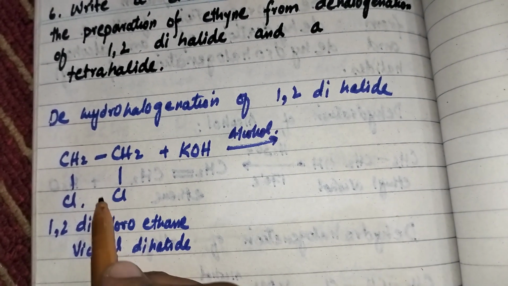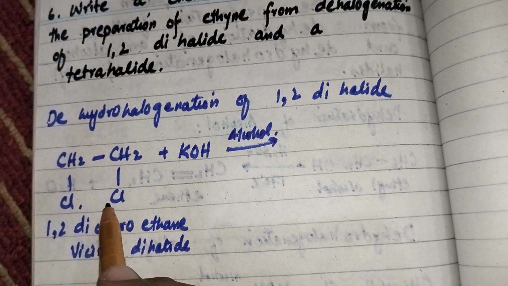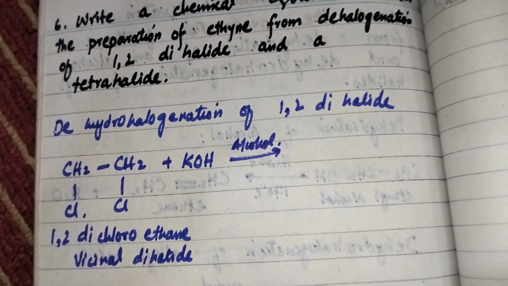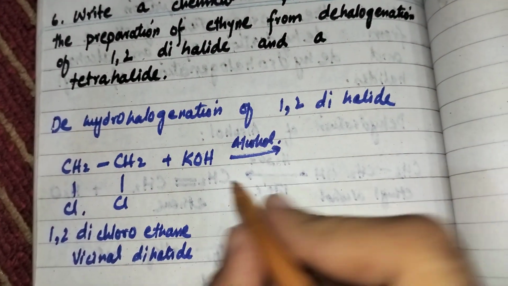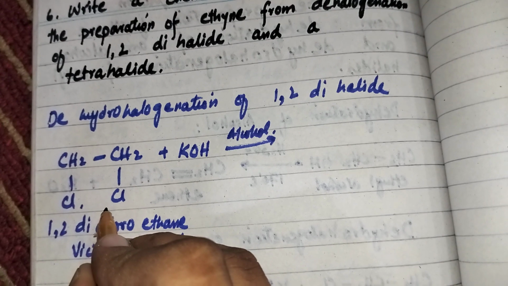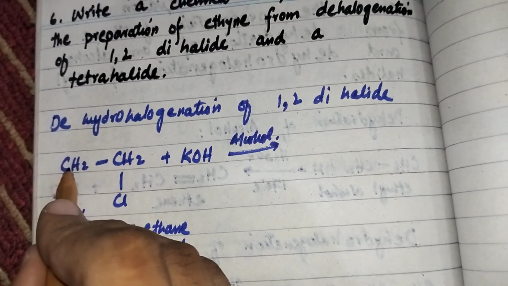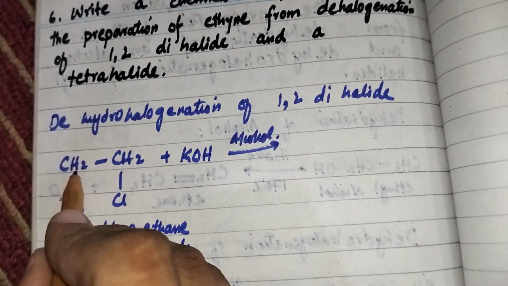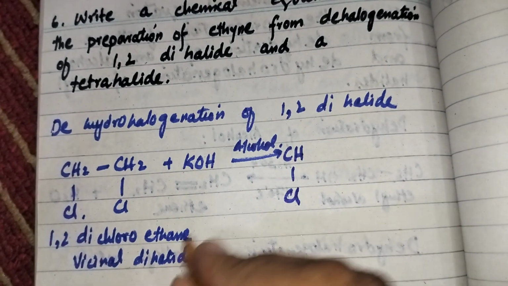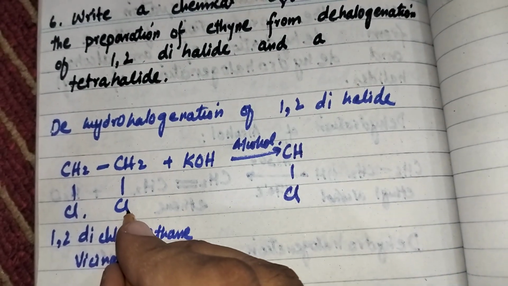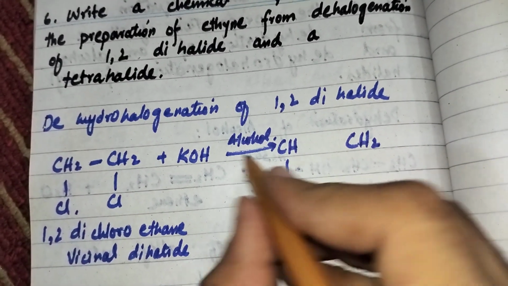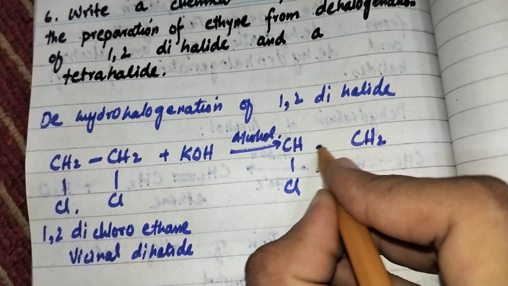In this process, one halogen is removed from one carbon and a hydrogen atom is removed from the adjacent carbon. So in this molecule first I am removing this chlorine atom from this carbon and one hydrogen from the other carbon. When one hydrogen is removed from this carbon there will be CHCl, and when one chlorine is removed from this carbon this will be CH2 only, and the single bond is converted into a double bond.